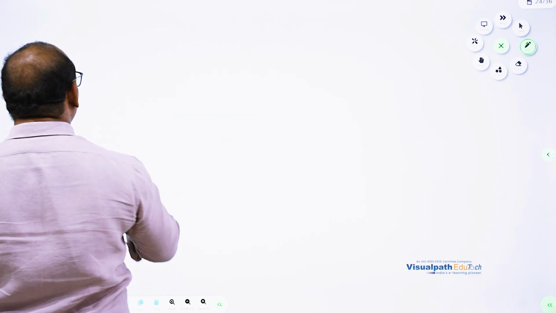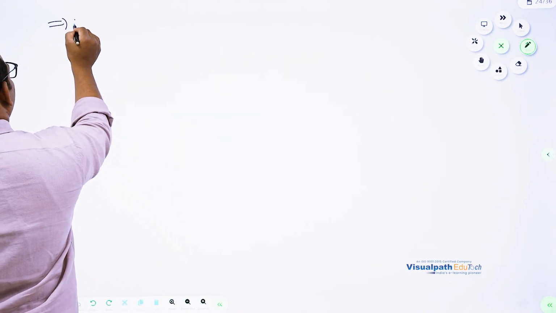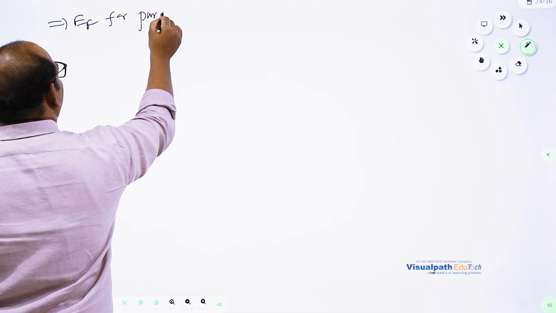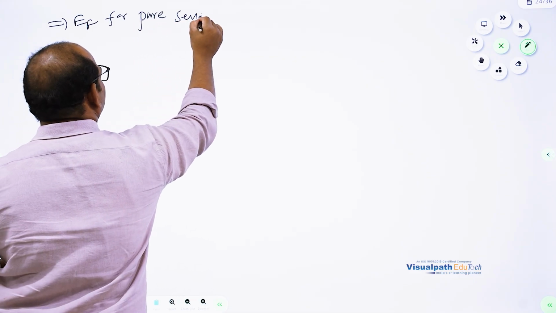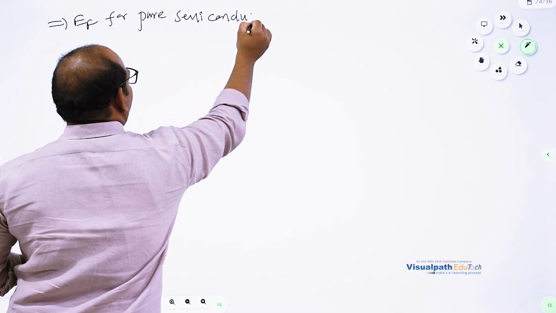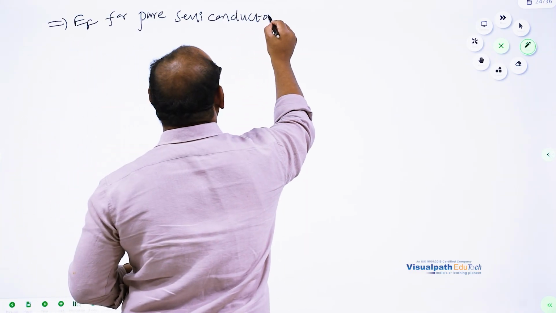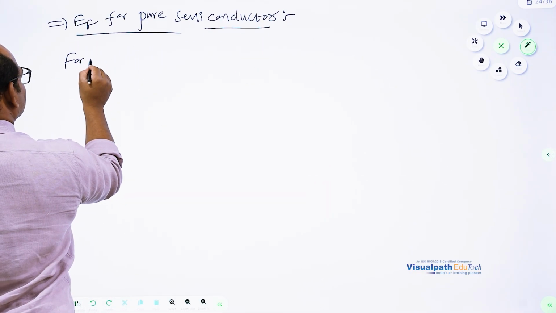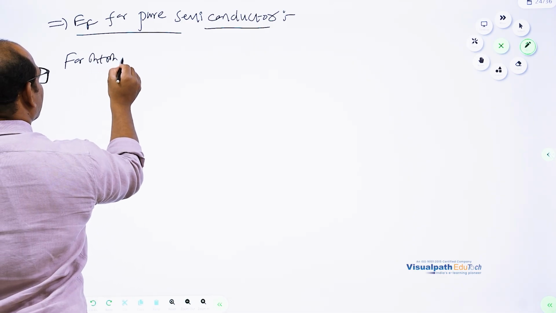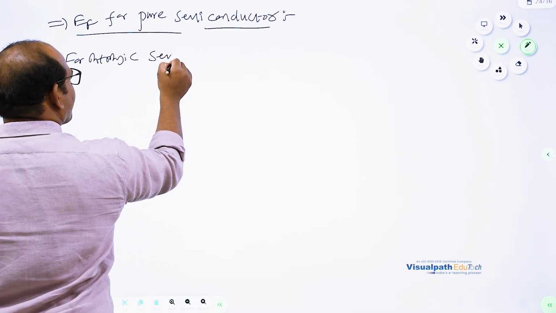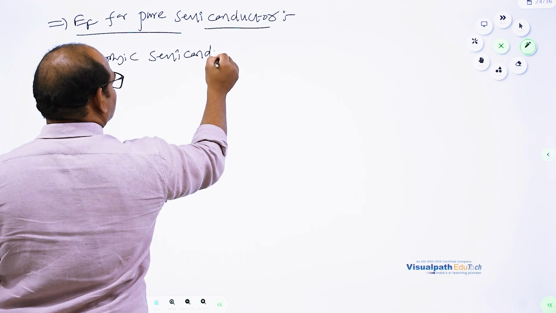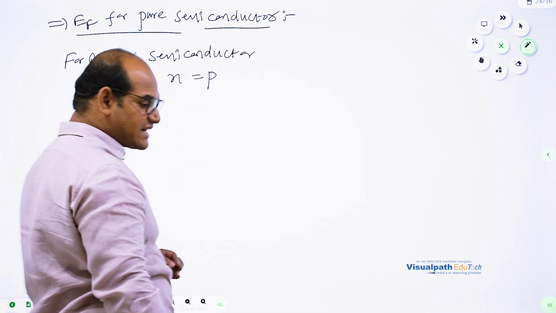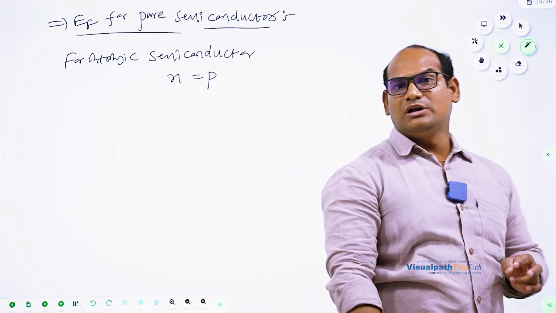For the intrinsic semiconductor, we will derive the expression for EF also: EF for pure or intrinsic semiconductor. For the intrinsic or pure semiconductor, we know n is equal to p. Free electron concentration is equal to hole concentration.